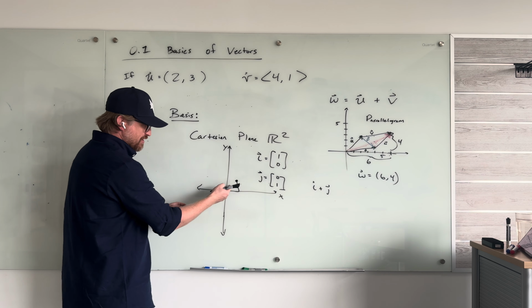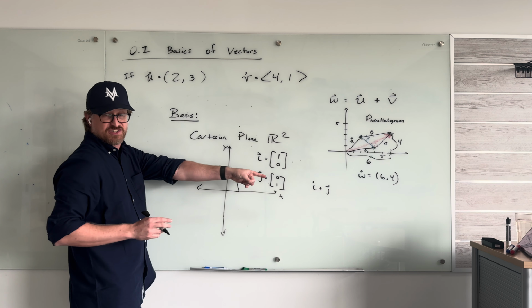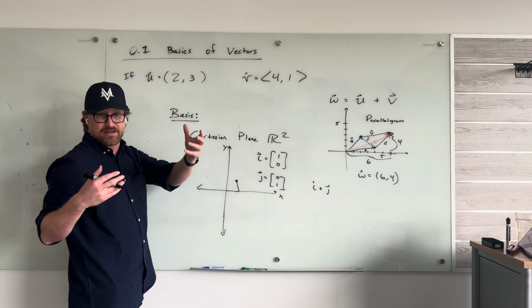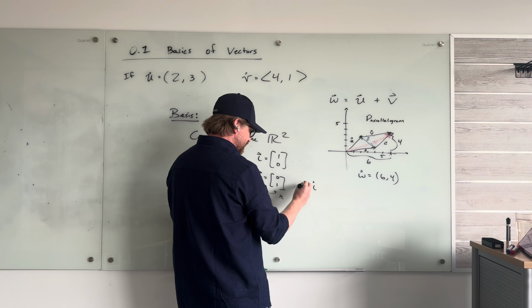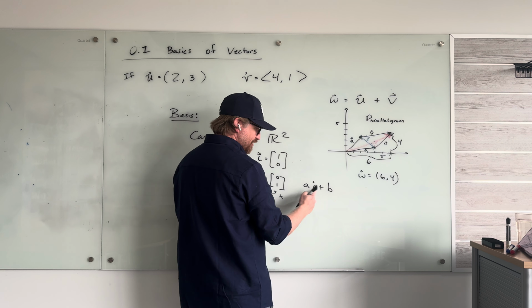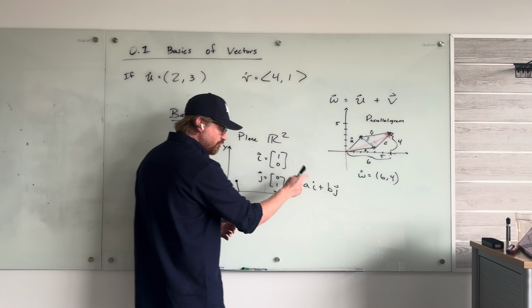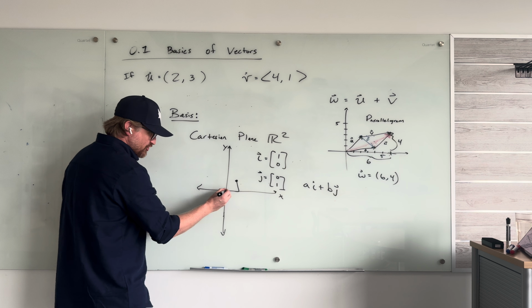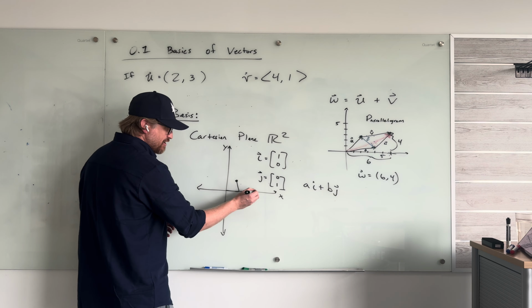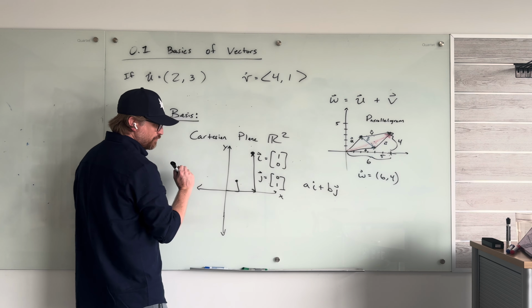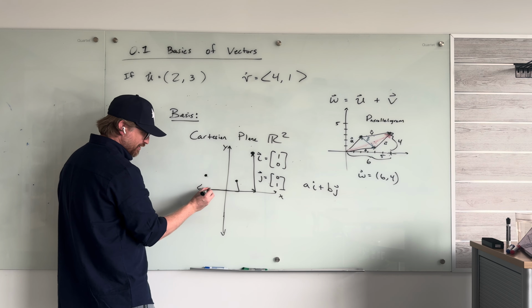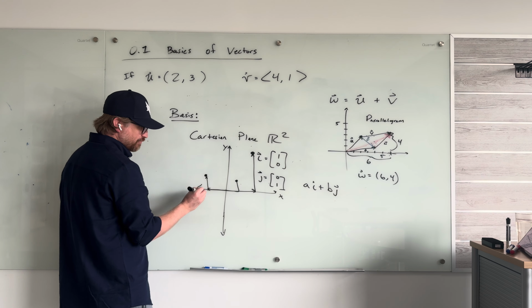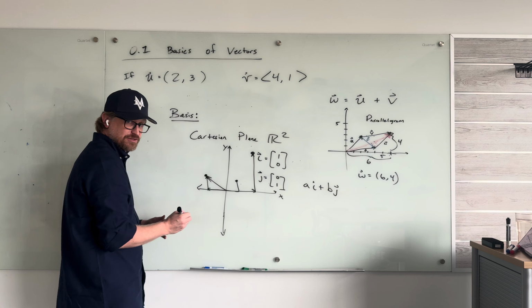But if I want to describe any point along this diagonal, then I need to rescale this by multiplying it by certain values. So what I can do is take these vectors and multiply them by scalars a and b. And now I can shift and say maybe I'm going all the way out here and then going up here, giving me this point. Maybe I want to find a location for this one. Well, what's the multiplier to go here and the multiplier to go here? Here's the vector that gets me there.